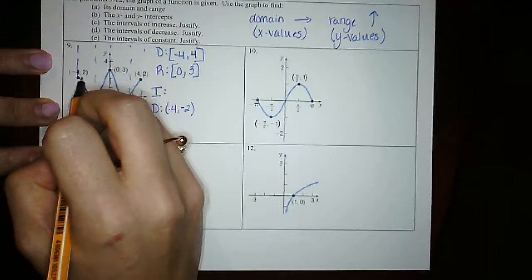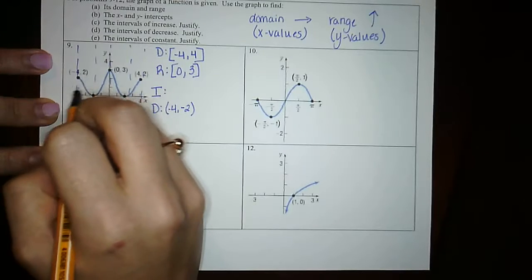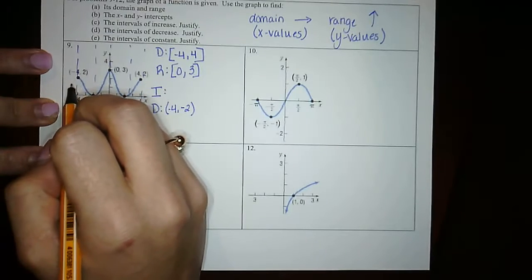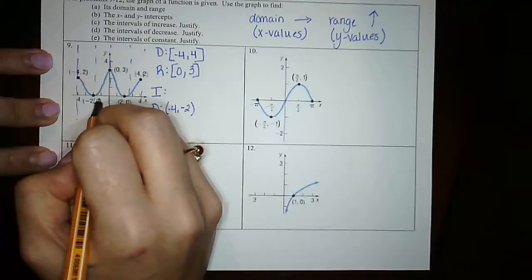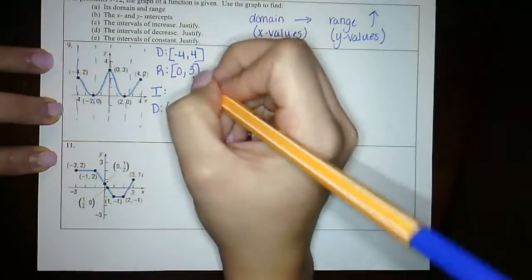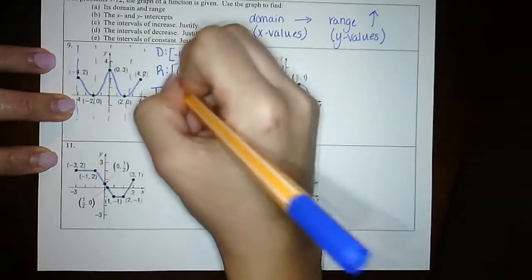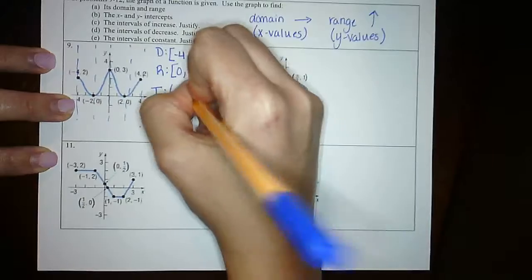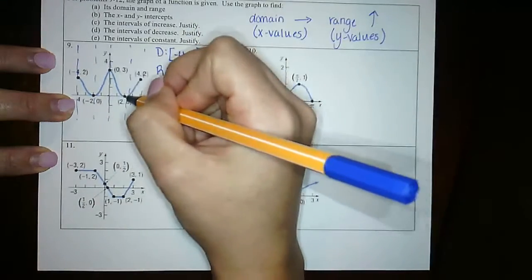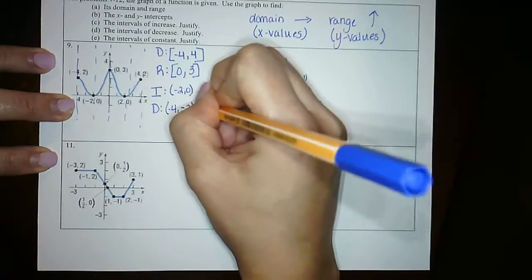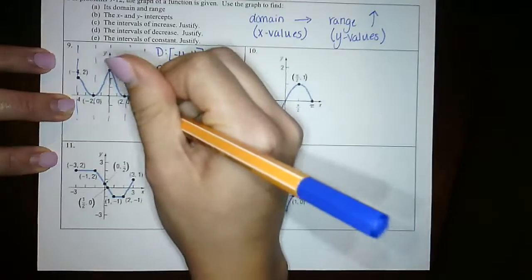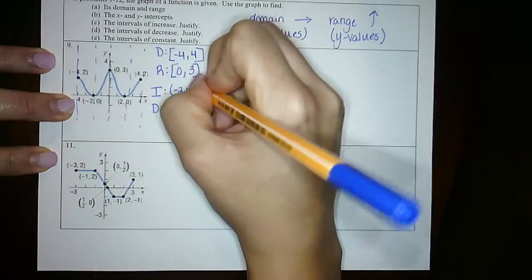It's not going up or down. So that's why it's parentheses. We don't technically reach -4 with the increasing and decreasing. So -4 to -2, it's decreasing. Then it increases from -2 to 0. Then 0 to 2, it decreases. And from 2 to 4, it increases.